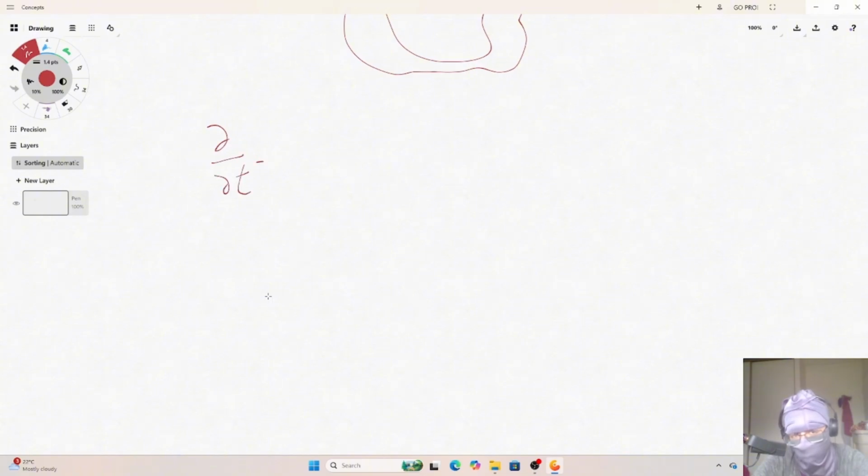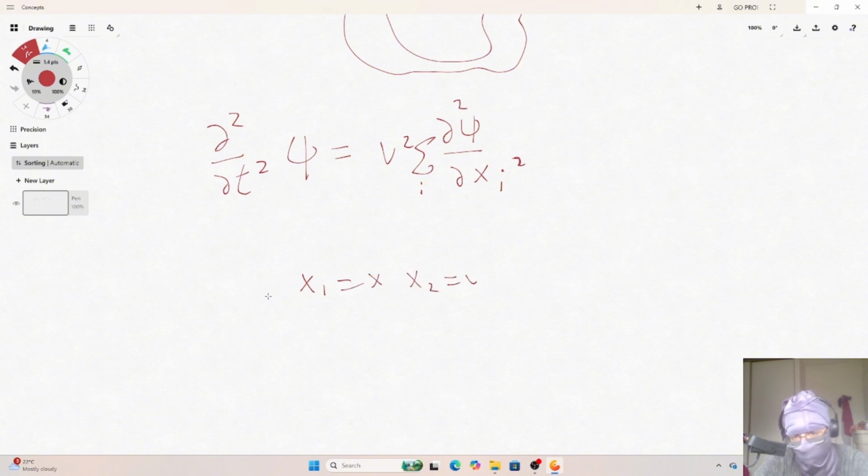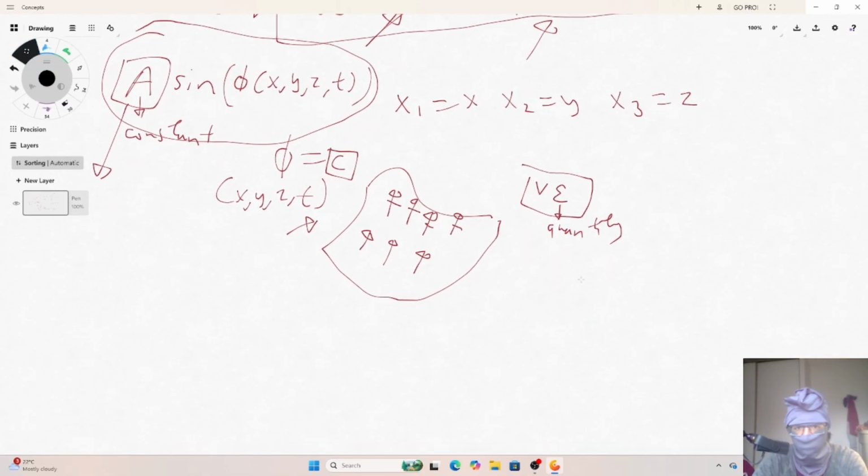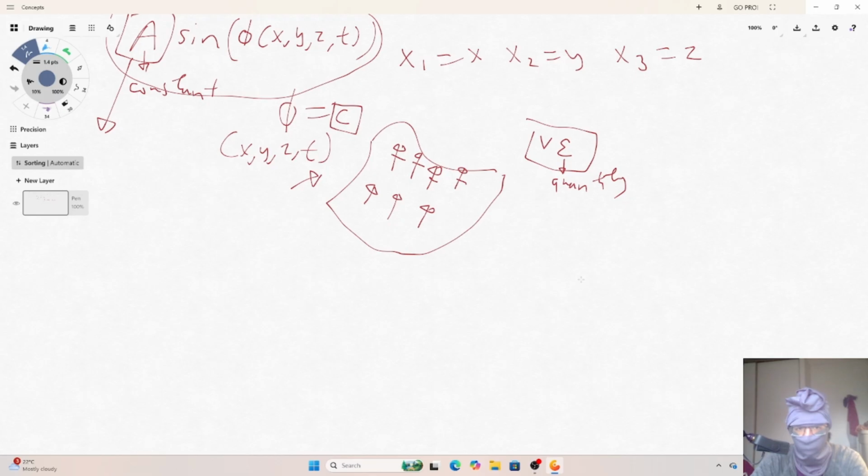So he used the normal wave equation, because a solution of that equation would be A sin phi, where A is constant.